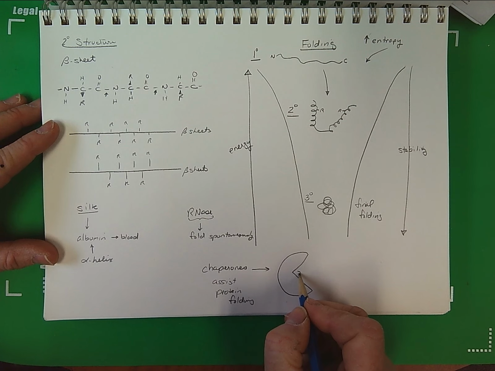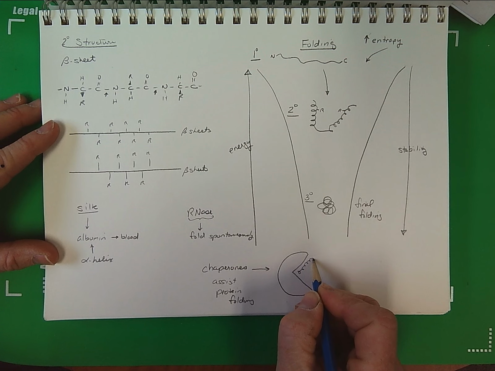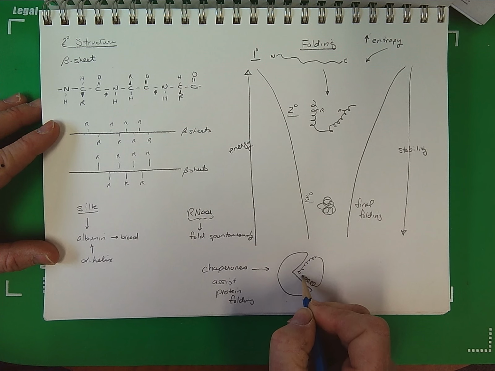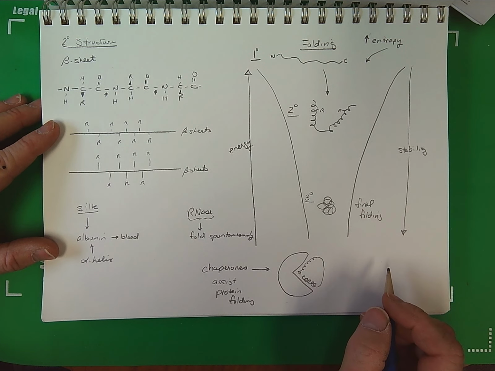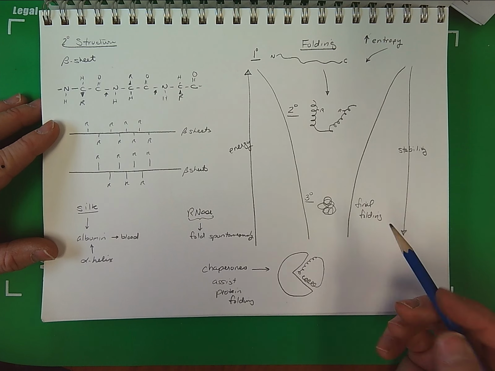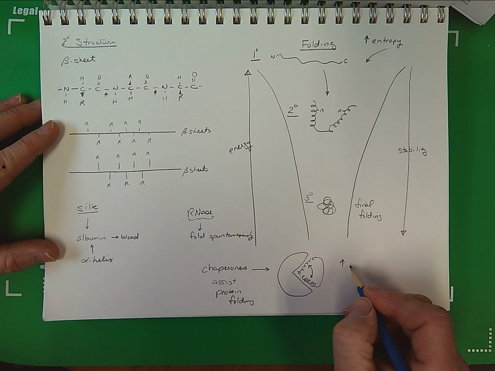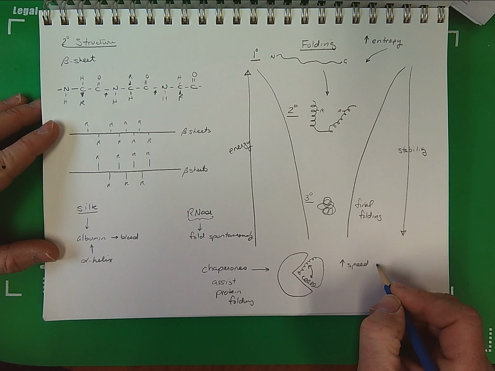So you can picture maybe an alpha helix that binds onto one area here, a random coil, and another alpha helix of the protein. The job of the chaperone is to assist in these two domains coming together to increase the speed of folding.